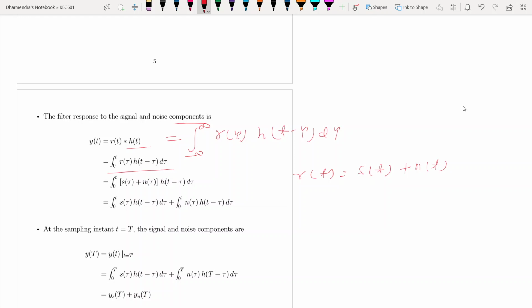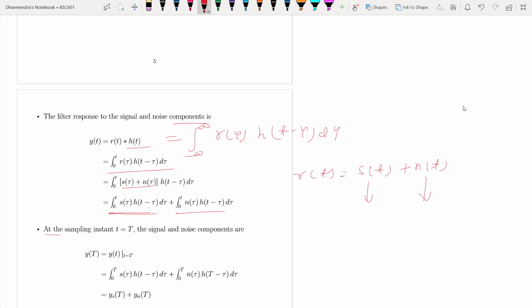Replace t with tau, so I get this one. Multiply and separate these integrals. We will have two integrals like this: s of tau h of t minus tau plus n of tau h of t minus tau. Because the filter is a linear system, the response corresponding to s of t and the response corresponding to n of t can be summed.